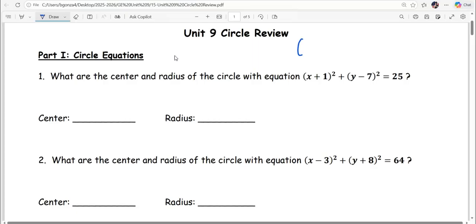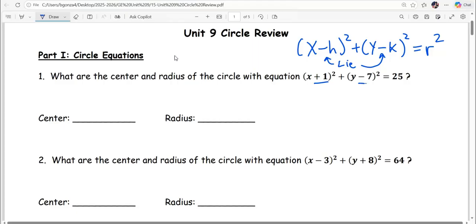So remember, the formula is (x - h)² + (y - k)² = r². Don't forget the lie is h and k, which means lie and lie about the positive negative sign.